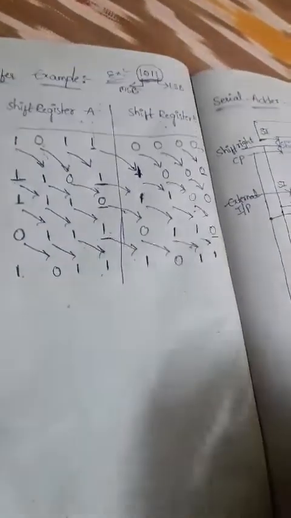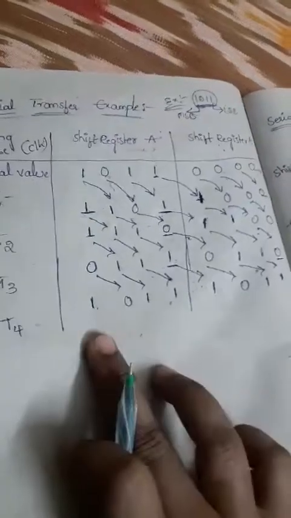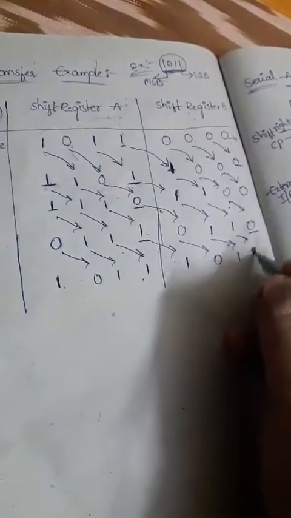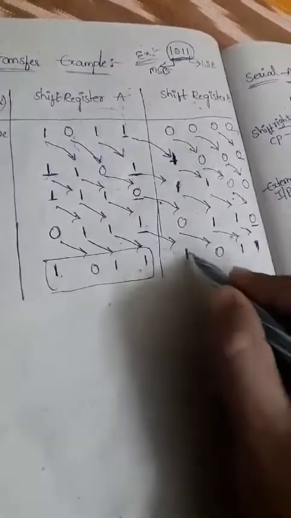That is nothing but the previous information of the LSB bit, which we can shift here. So 1011. Finally, after the 4 digits are shifted, after 4 clock pulses, we get the same information as the previous input that we applied. So 1011 we are getting. See here.